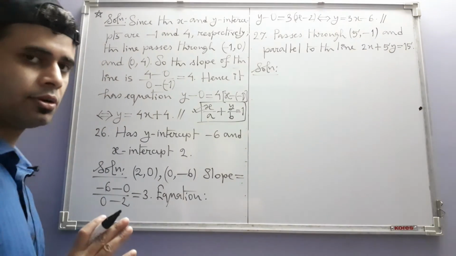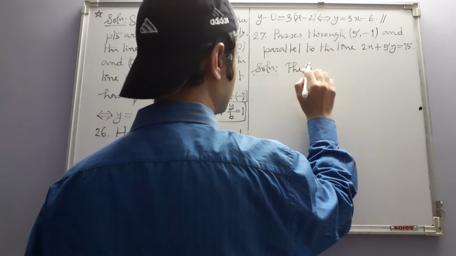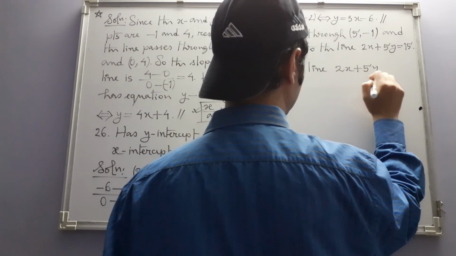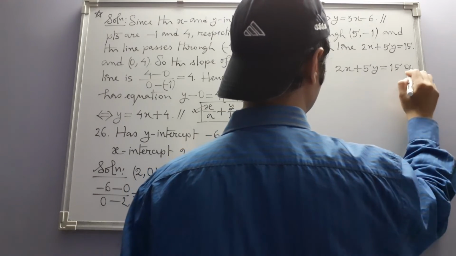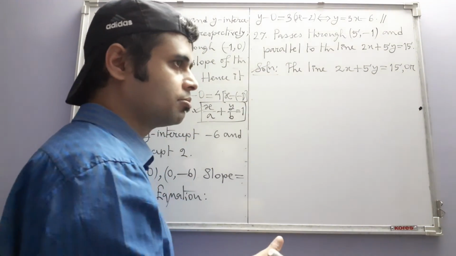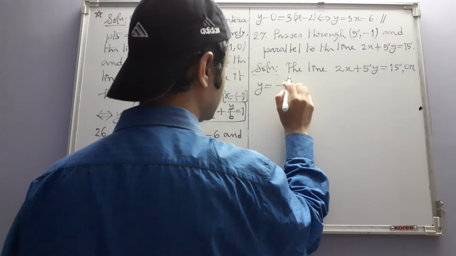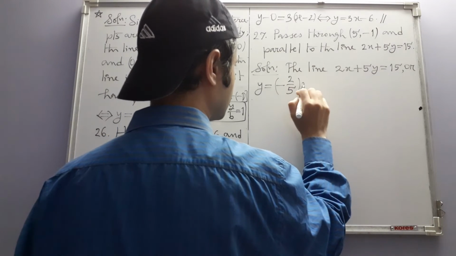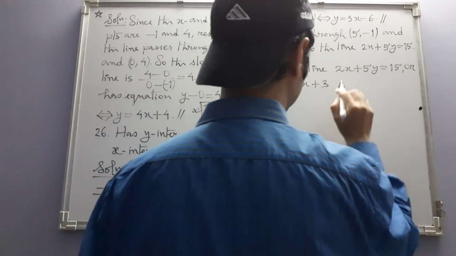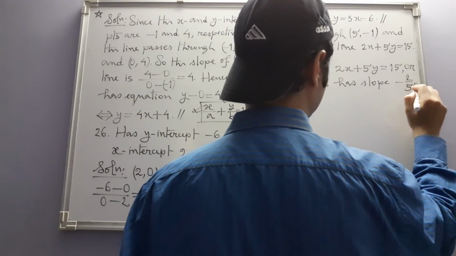Parallel lines have equal slope. The line 2x plus 5y equal to 15, we can rearrange to bring it to a form where we can easily read off the slope. y equal to -2 over 5 x plus 15 divided by 5, which is 3, has slope -2 divided by 5.